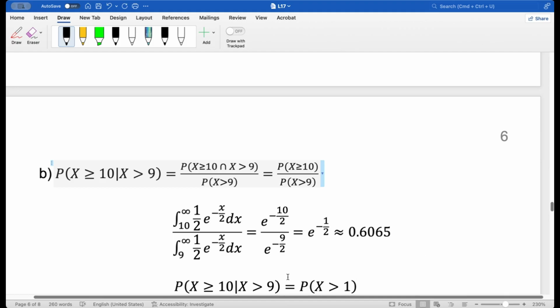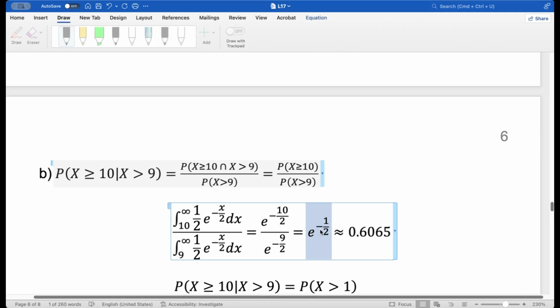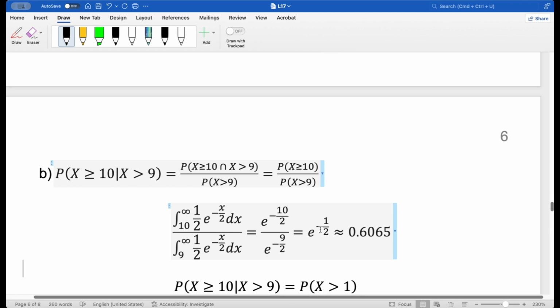Now, notice that this expression here, e to the minus a half, is actually the same thing as the probability that x is greater than 1, e to the negative a half times 1. So in general, the conditional probability that x is greater than or equal to 10, given it's greater than 9, is basically just looking at lasting an additional hour.